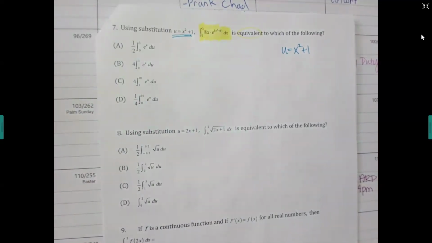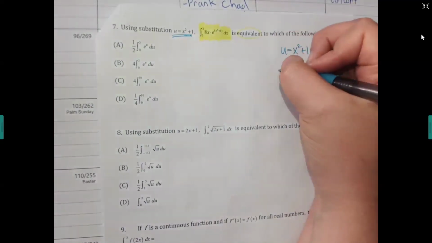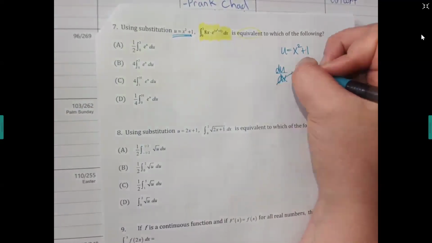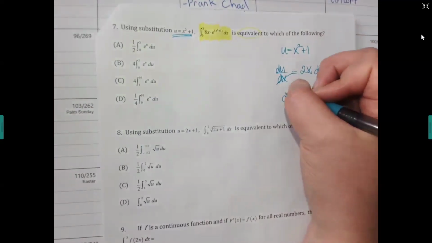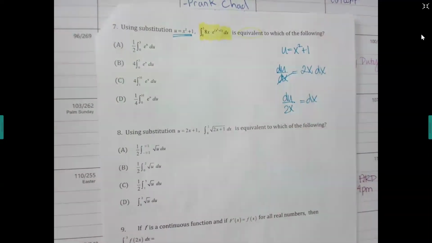So your u is x squared plus 1. What would your du dx be? 2x. Then I'm going to times my dx up, divide my 2x down. And then I'm going to come in here to my integral that they're asking me to do. I'm going to leave the 8x alone.